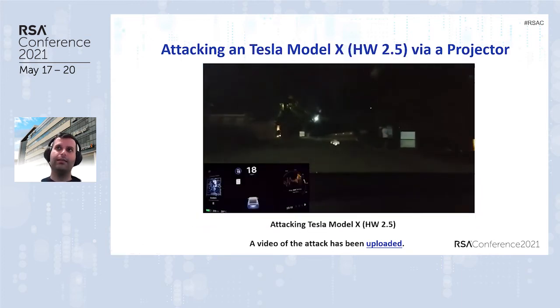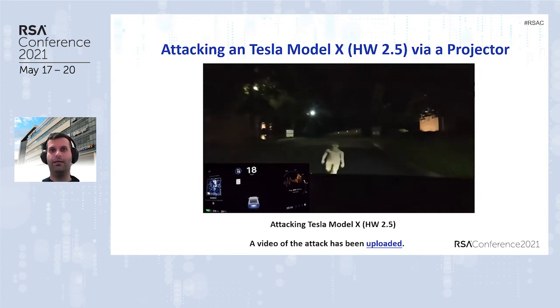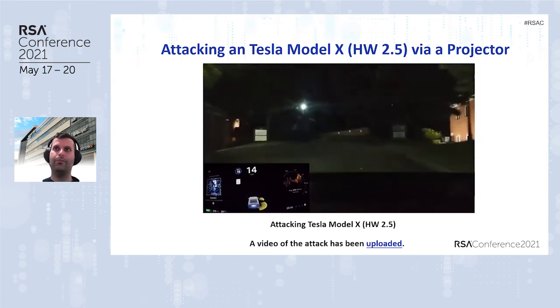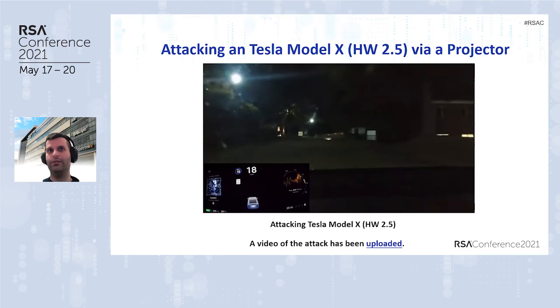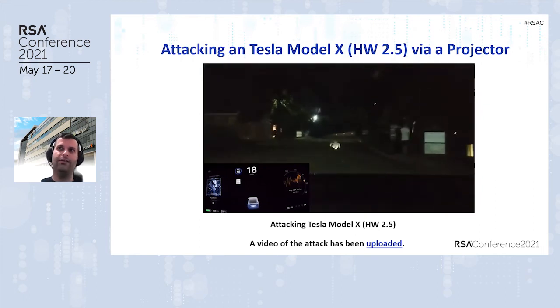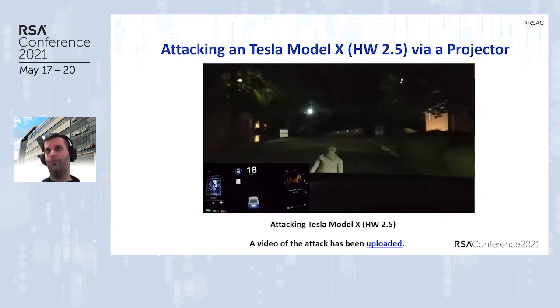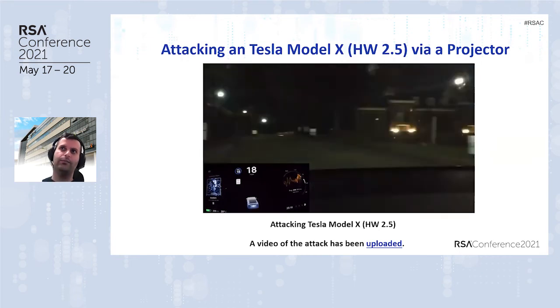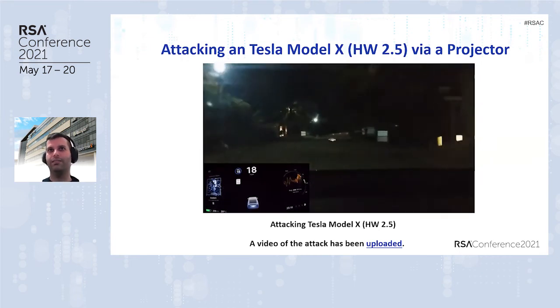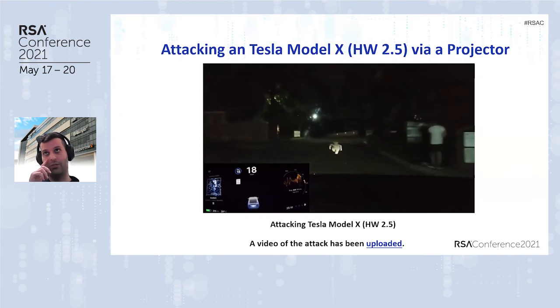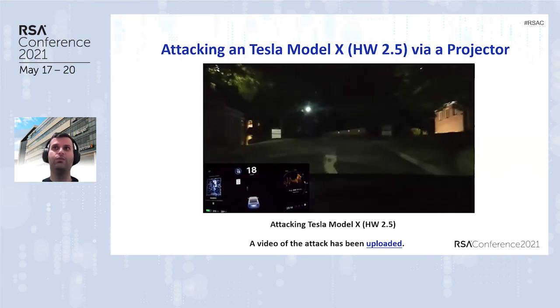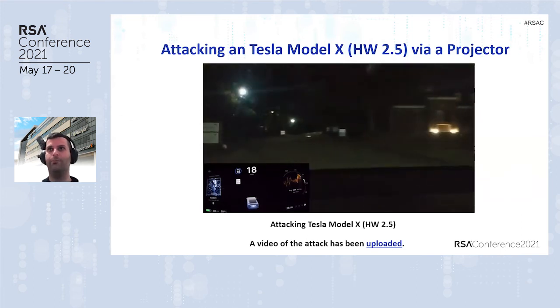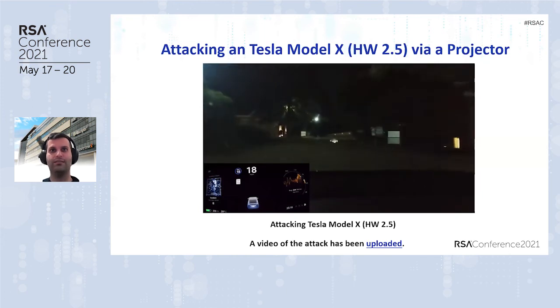We also conducted another experiment for Tesla Model X, and in this experiment, instead of using a road sign, we used a phantom of a pedestrian. We projected the pedestrian on the road from the side of the road using a projector, and we didn't use a split-second projection, mainly due to safety concerns.